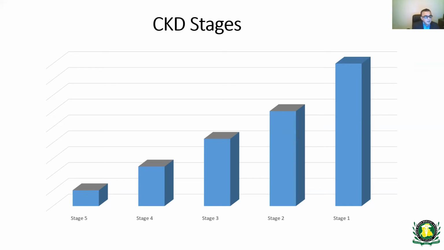Stage four is severe kidney disease with a GFR ranging between 15 to 29 ml per minute per 1.73 meters square. Stage five is estimated GFR less than 15, and at that point renal replacement therapy or transplant is considered to sustain life.